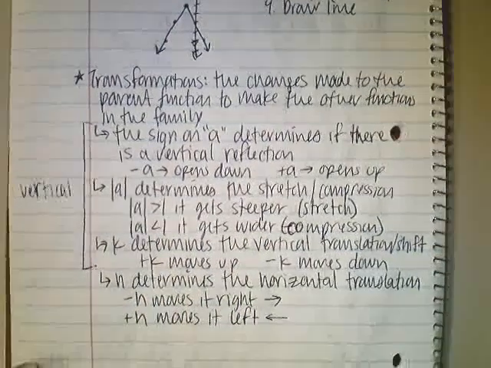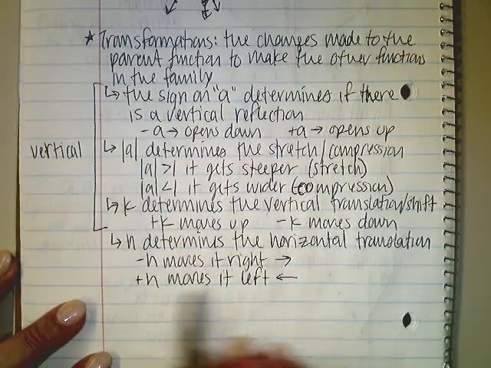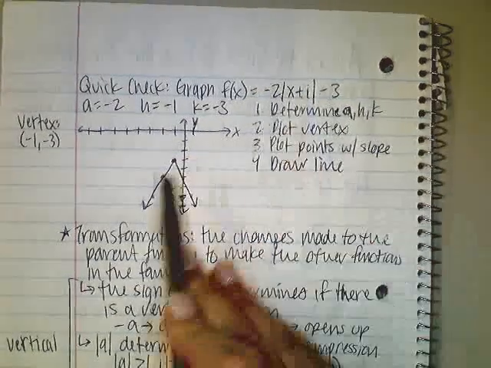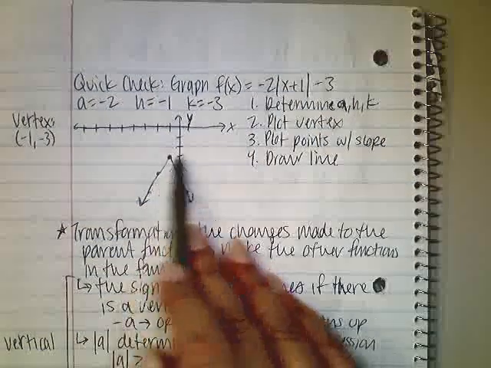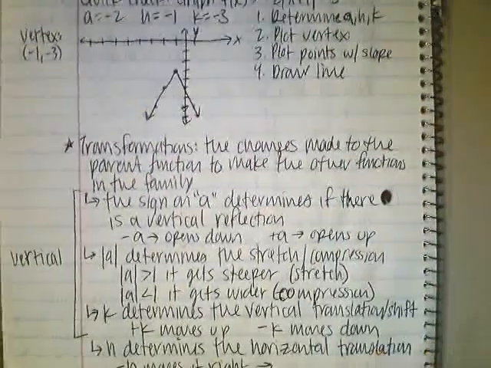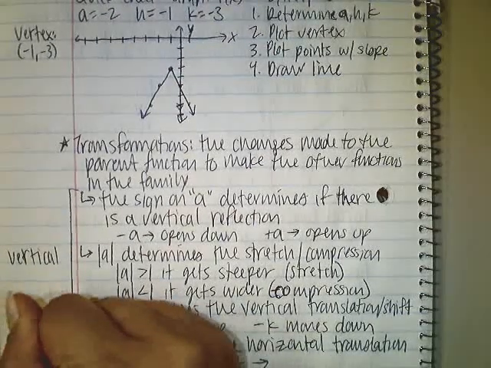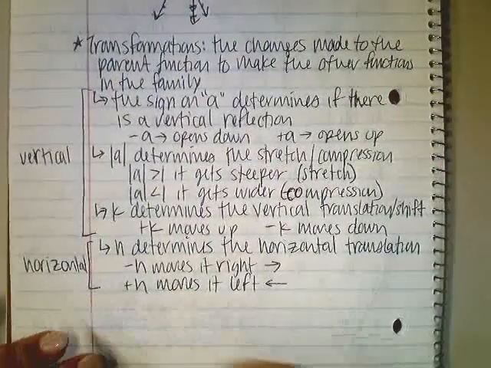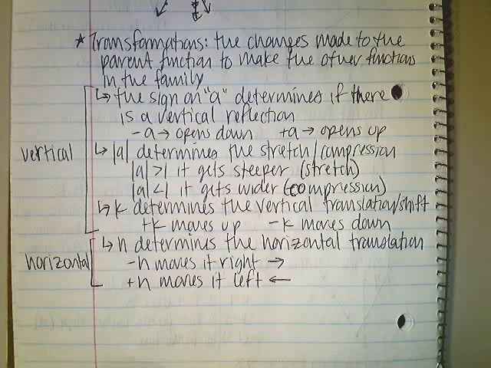So negative moves it to the right, positive moves it to the left. So again, this is sort of opposite of what you would expect. So since it was +1 in here, we actually moved it to the left. If it was minus, we'd move it to the right. So it's always the opposite of what it appears to be in the equation. So horizontal, that's the only one we're focusing on this year. You'll see other horizontal transformations in pre-calc, but not for now.